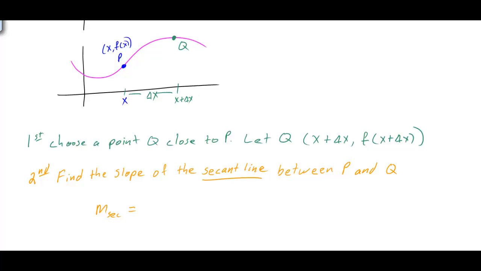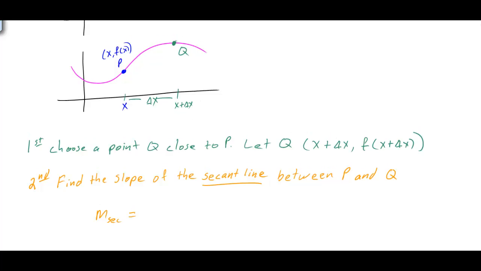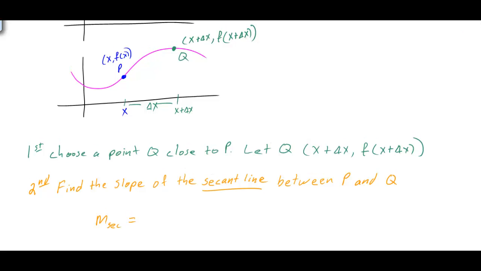That means point Q has x coordinate x plus delta x, and the y coordinate is the function f evaluated at x plus delta x. Keep in mind these are just representing your x and y values. So (x, f of x) is your point P, and (x plus delta x, f of x plus delta x) is our point Q.